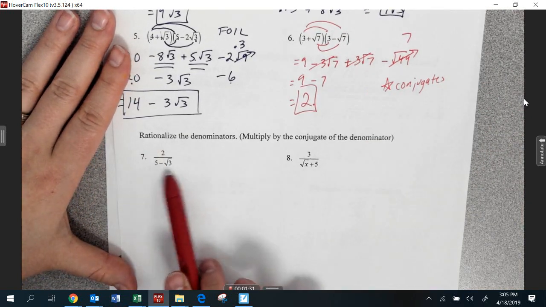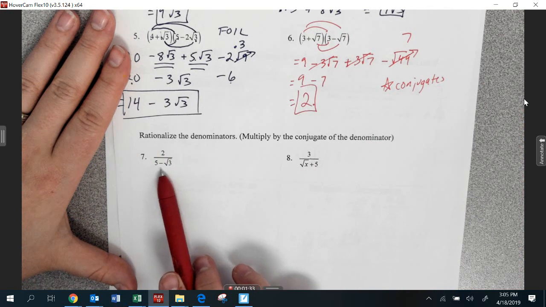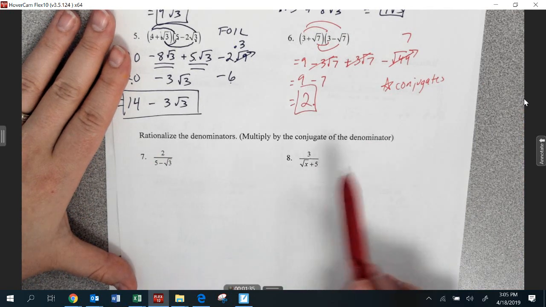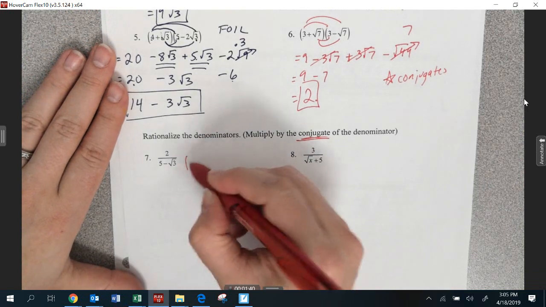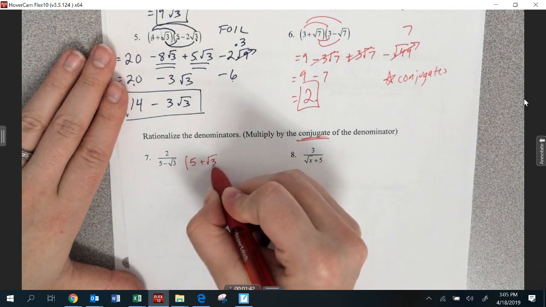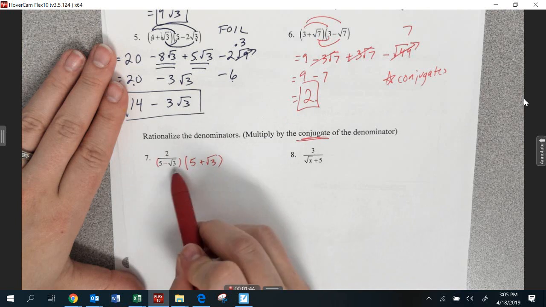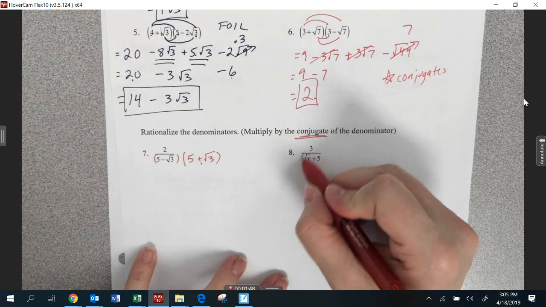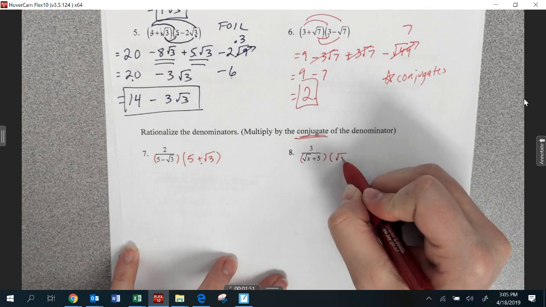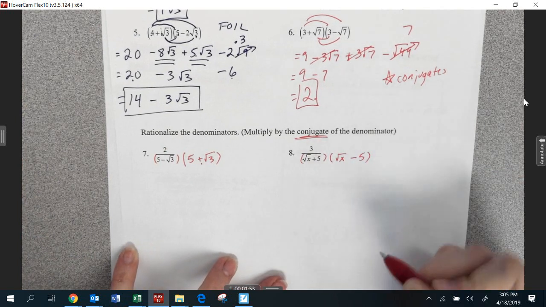Since these denominators have expressions that have addition and subtraction in them, we're going to be multiplying by the conjugate of the denominators. So on this one, I'm going to be multiplying by 5 plus radical 3, since this is just the same terms with the sign changed. And on this one, I'm going to be multiplying by the square root of x minus 5.